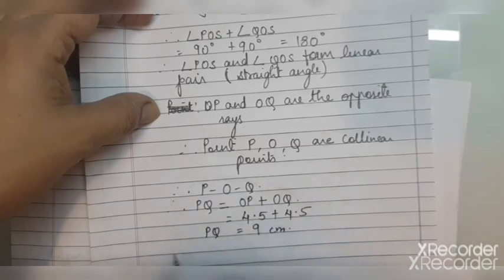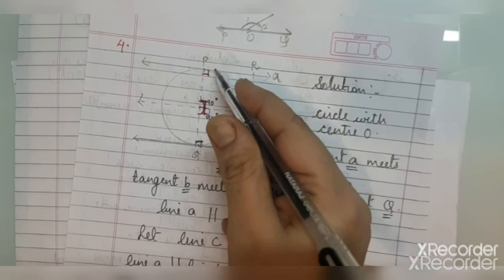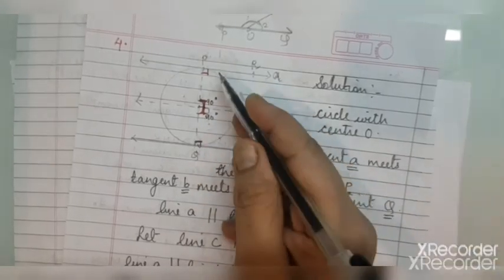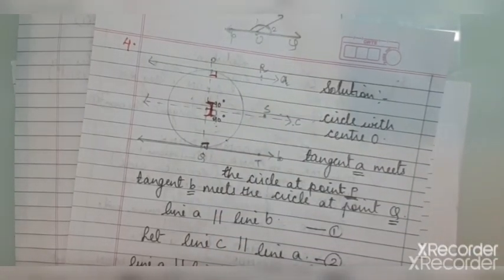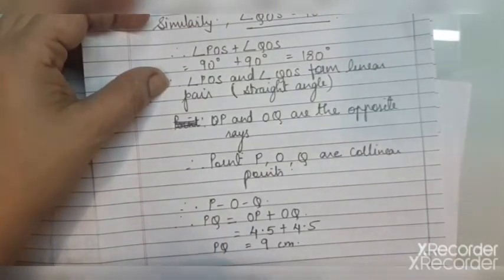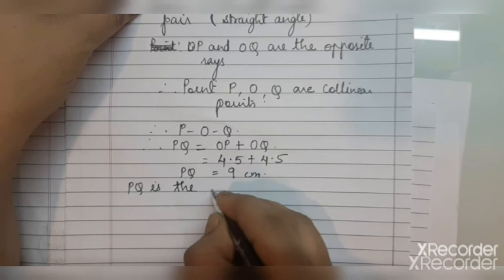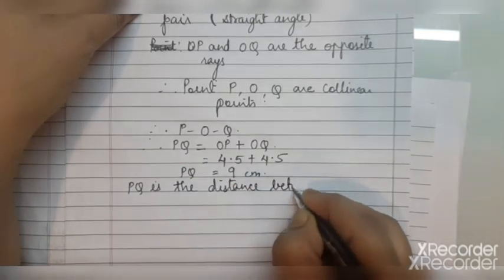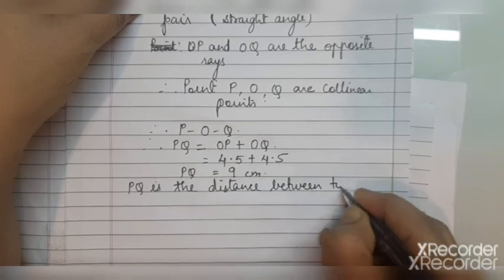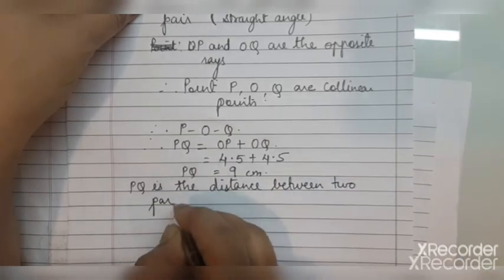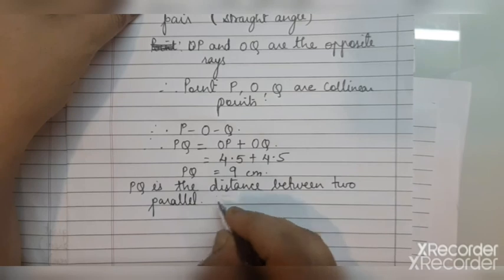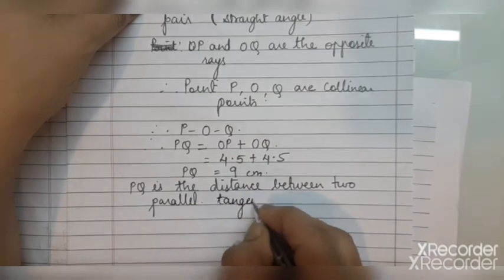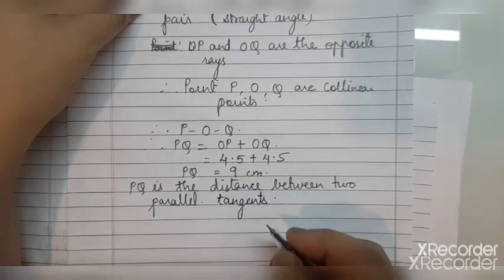Now PQ is actually what? The distance between two parallel lines. PQ is the distance between two parallel lines. So we'll write, PQ is the distance between two parallel tangents.